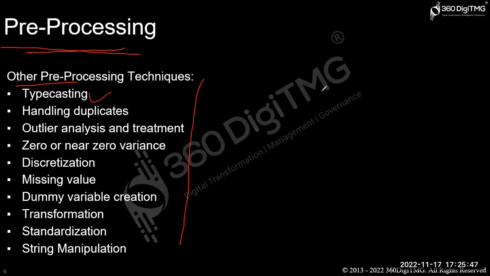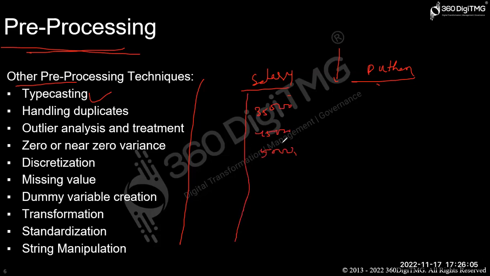Normally, based on the data, Python is capable of finding which data type it belongs to. Let's say salary. Salary will be having 35,000, 45,000, 50,000, something like that. It is a non-decimal form.